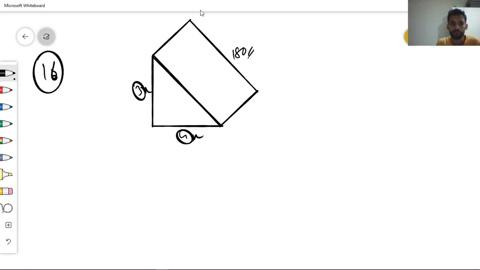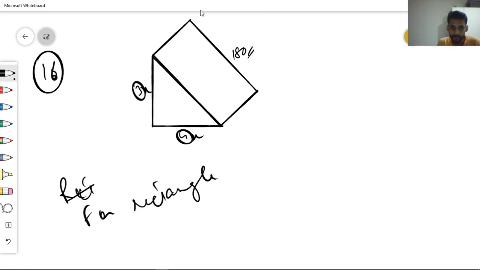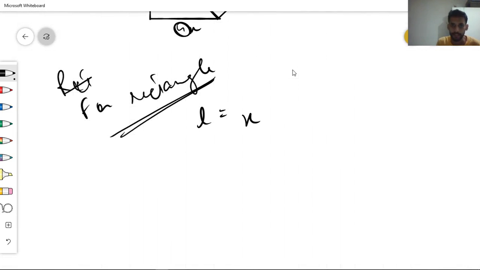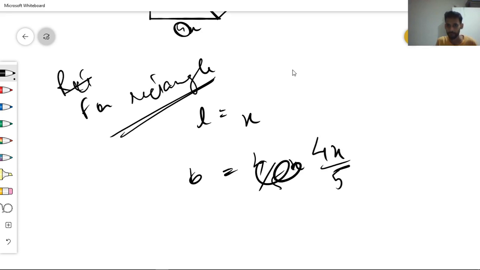So first of all, the information is given about the rectangle, so we will take the rectangle's case. For the rectangle we can write, for the rectangle the length given is the hypotenuse, being the longest side, and the breadth is 4/5 of the length. So length given is x and breadth given will be 4/5 of x, that is 4x by 5.